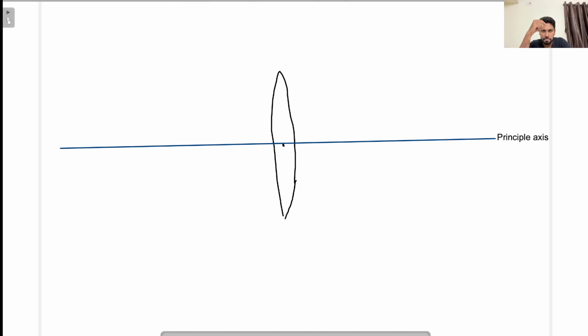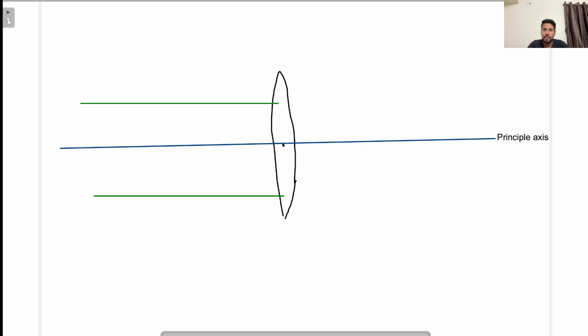Point number 2, the next thing which is required in a lens. Now when I'm passing a straight beam of light, that means a parallel beam of light, on the lens, you must have understood in the mirror, when I'm sending a parallel beam of light on a concave mirror, it focuses at the point called focus.